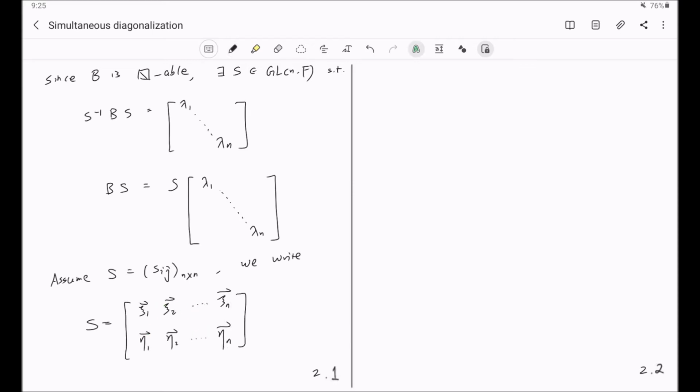There are two blocks where c sub i is a column vector formed by the entries S sub 1i through S sub mi for i greater or equal to 1, less than or equal to n.